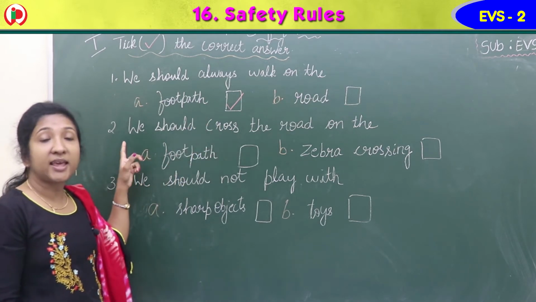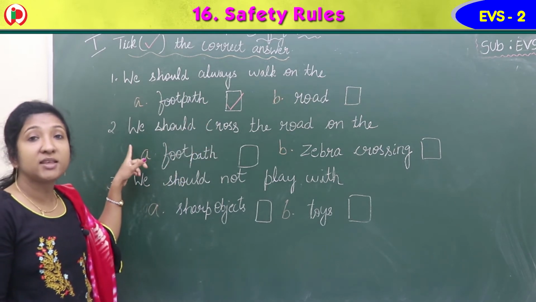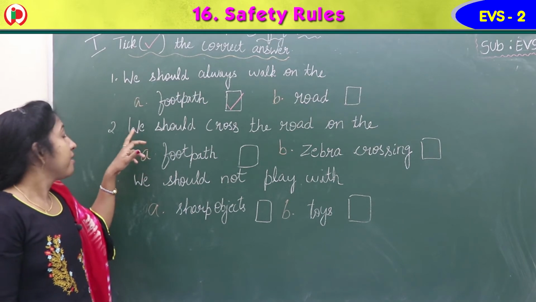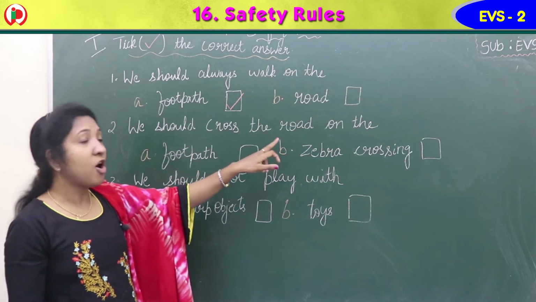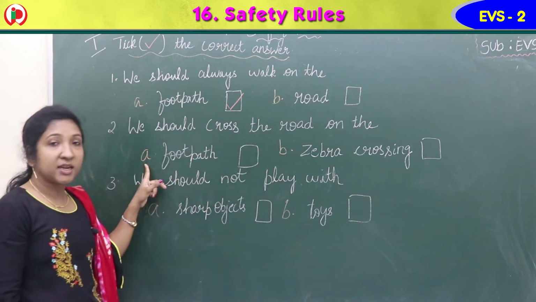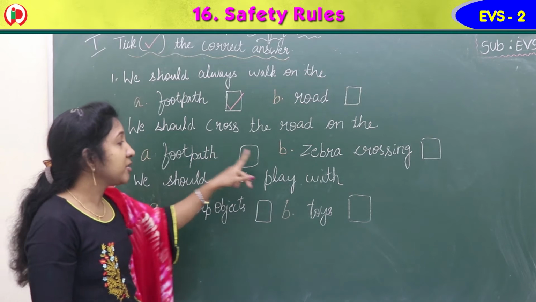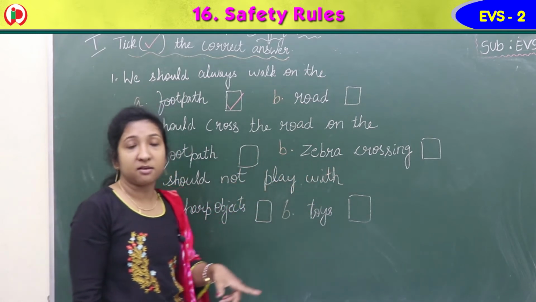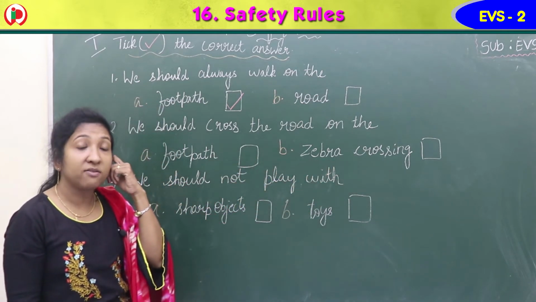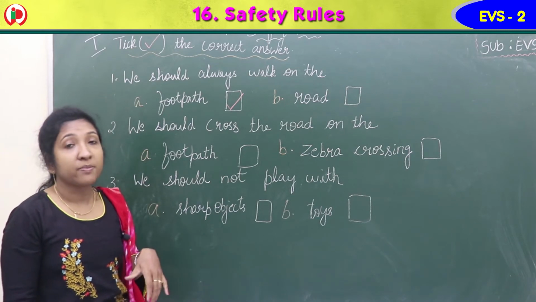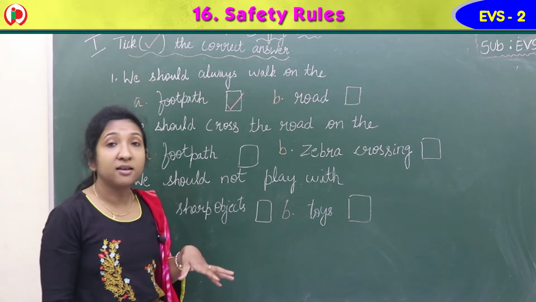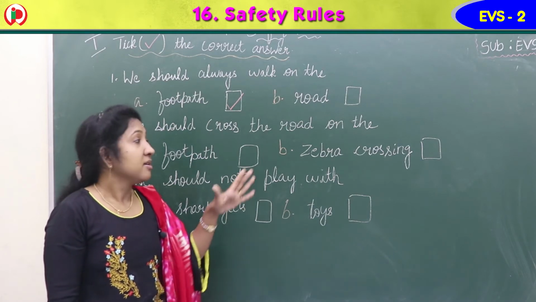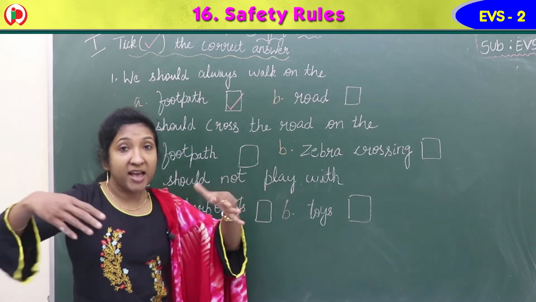Now see the second question, children. Read out the second question. We should cross the road on the option A, footpath, option B, zebra crossing. While crossing the road, where should we cross? Yes, we should always cross the road on those white and black broad lines.